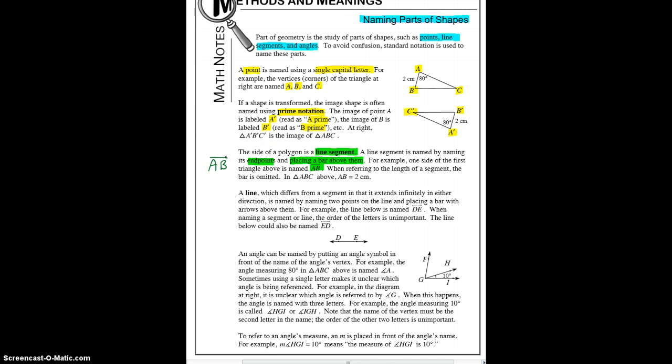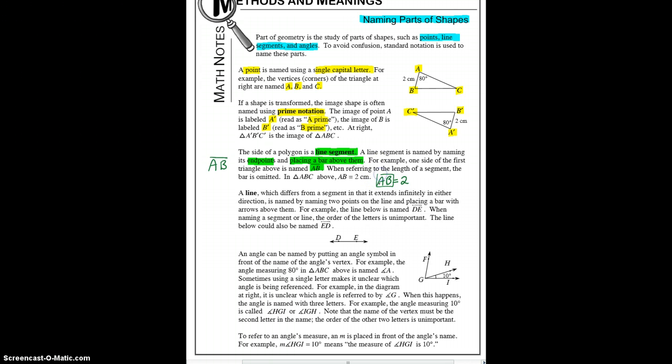Now when we refer to the length of segment AB, or you want to write in your exam or on a homework question that the length of AB has a specific measure, you leave out the bar. So we would say that AB is equal to 2. So that's the difference in the two ways of writing each.